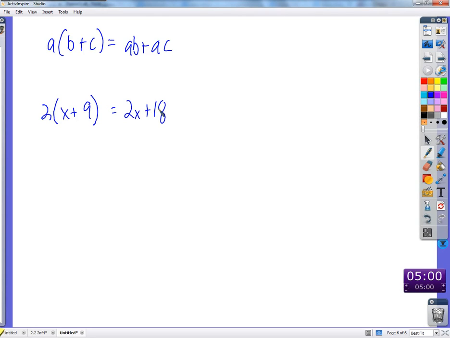Okay. One way that we can represent multiplication graphically, so in a picture, is with area. Say I have a rectangle. This side's 3, this side's 5. How do I find the area of this rectangle?